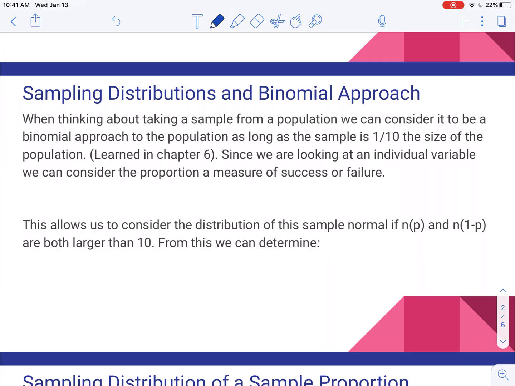So that's when we have these very, very large populations and our sample size is a tenth the size. And then if we remember from binomial distributions, we have the large counts condition.